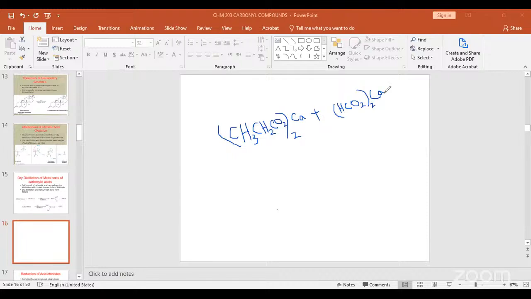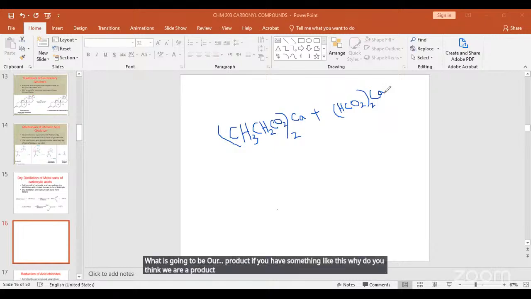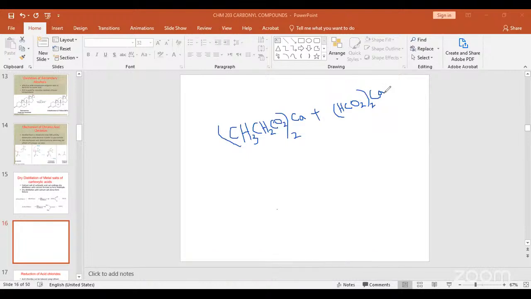What is going to be our product? If you have something like this, what do you think will be our product? We have aldehyde, sir.